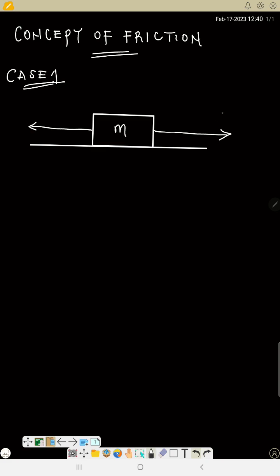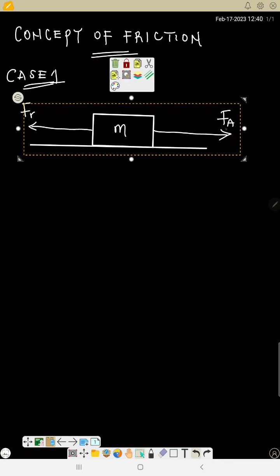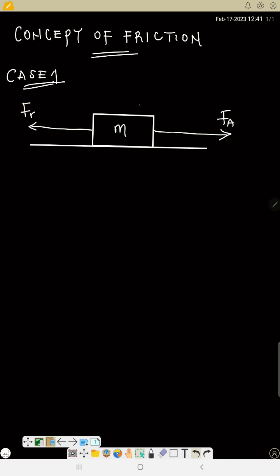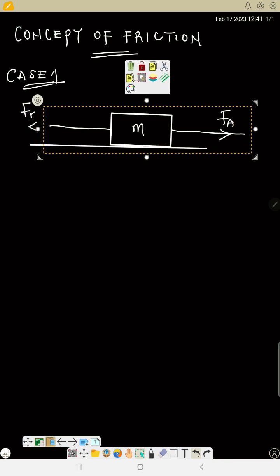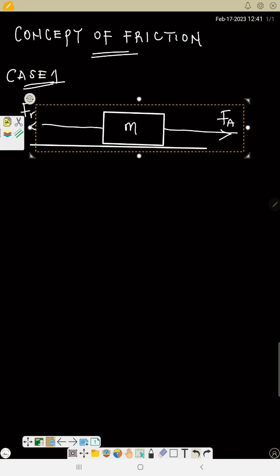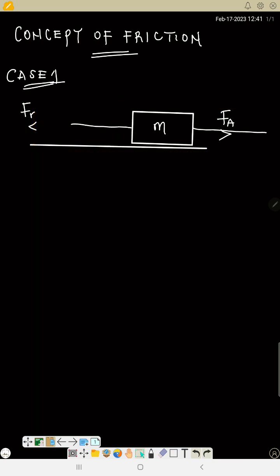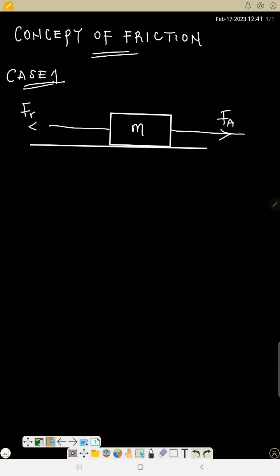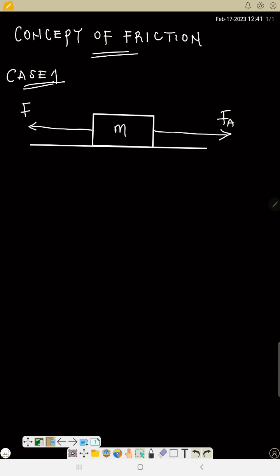So if this is my applied force, then here will be my frictional force. That is the force that opposes my applied force. Meaning if I try to drag this block towards this direction, there will be a force pulling it backwards towards the opposite direction. So like that.